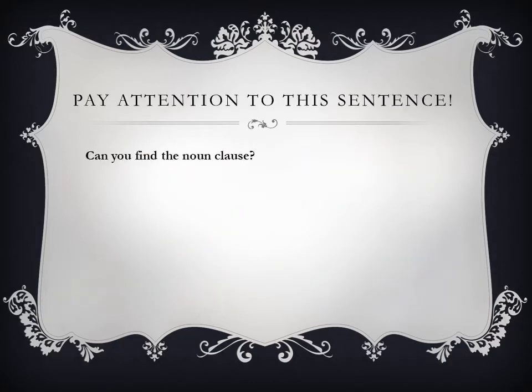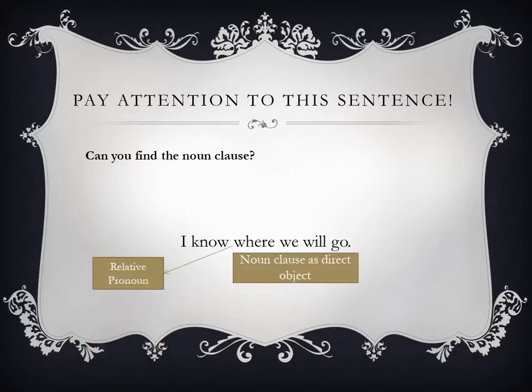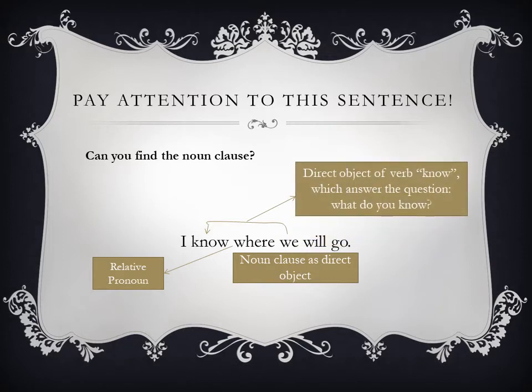Example: can you find the noun clause from this sentence? I know where we will go. Good. The clause where we will go is the noun clause as a direct object for the verb know, which answers the question, what do you know?